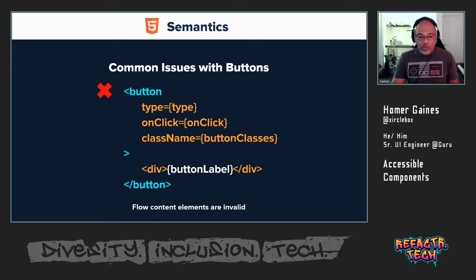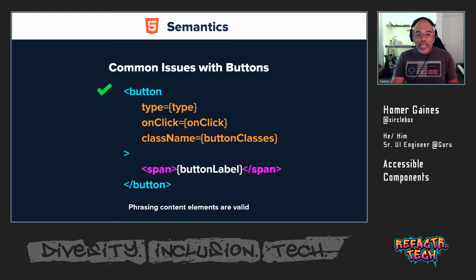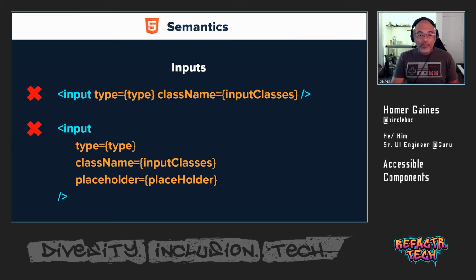So the best way to approach this is to use a span. Now, this passes HTML validators, and you also don't run the risk of misinforming individuals who may be using assistive tech to navigate your site, because now it will translate as a button and function correctly as a button without you having to add anything else to it.